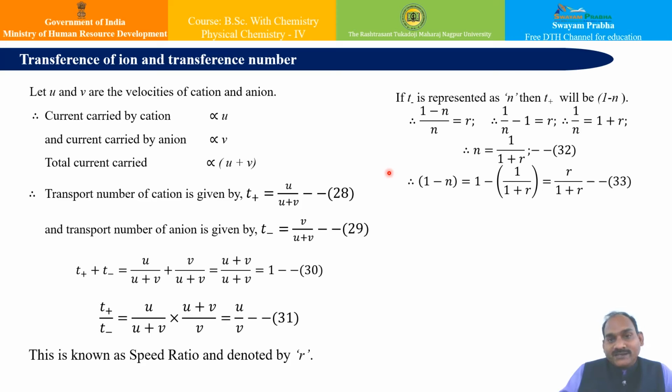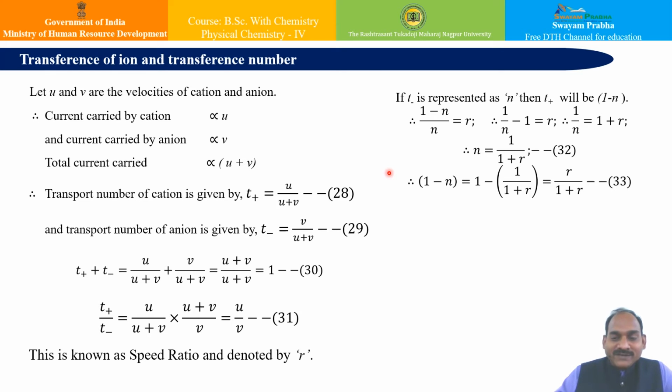With that, current starts flowing in the solution, and the ions present in the solution are the carriers of the current. However, both the cations and anions do not carry equal current, and therefore the fraction of total current which is carried by a specific ion is called the transport number or transference number of that particular ion.